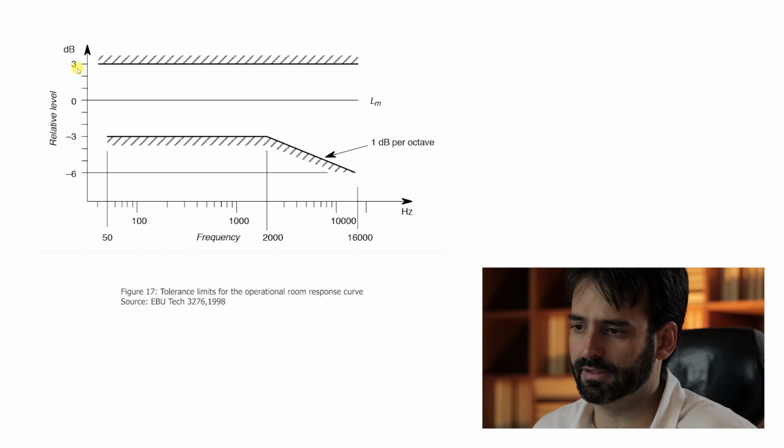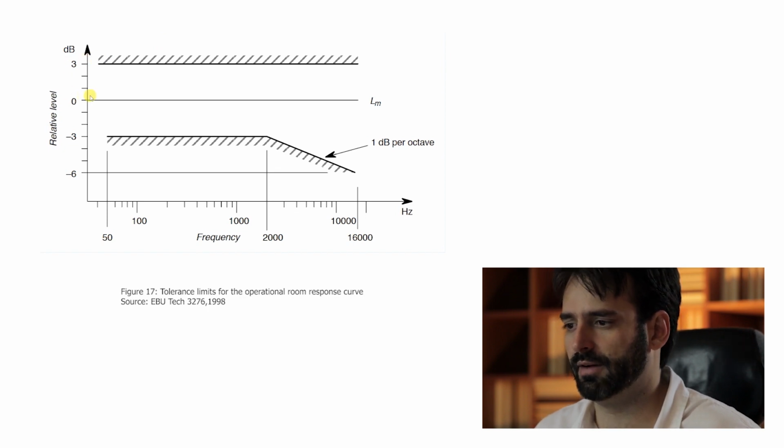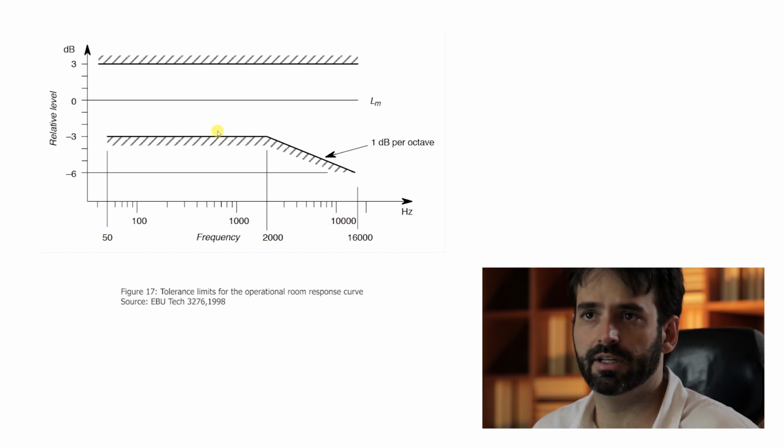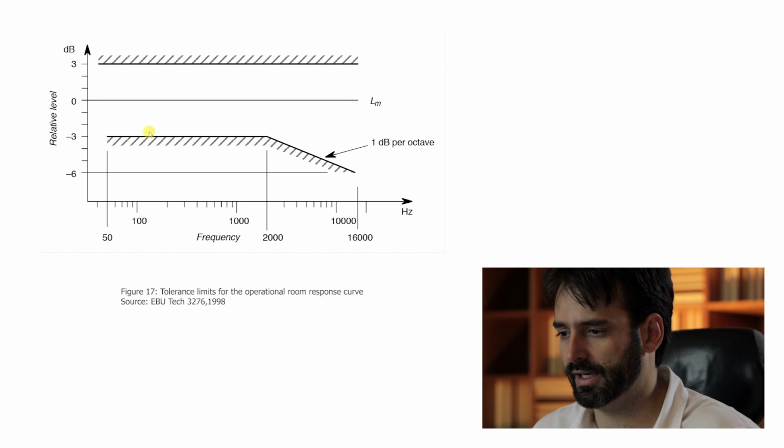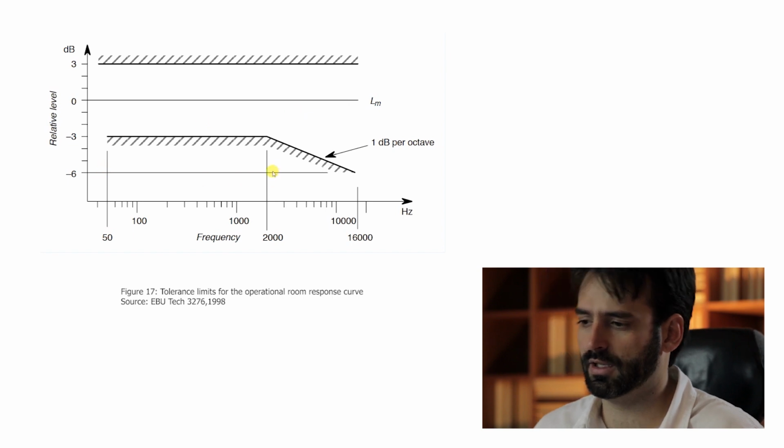This criterion is very important in the evaluation of the control room and the audio monitors. The tolerance limit we can see right here is plus or minus 3 dB, and here we have the line that corresponds to 78 decibels, and the measuring is between 50 hertz and 16 kilohertz.